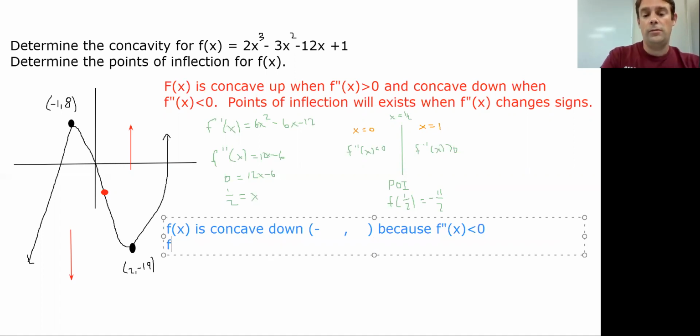F of x is concave up from 1/2 to positive infinity because the second derivative is greater than 0.